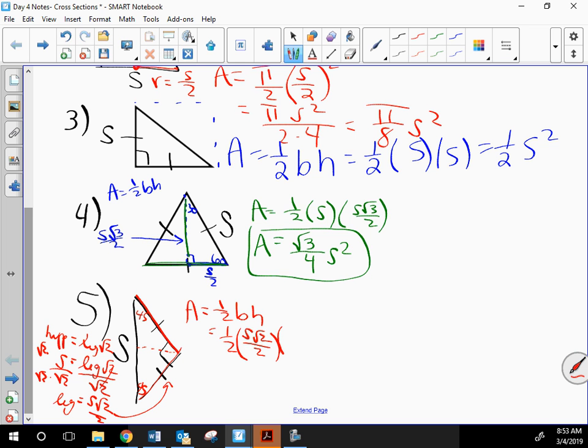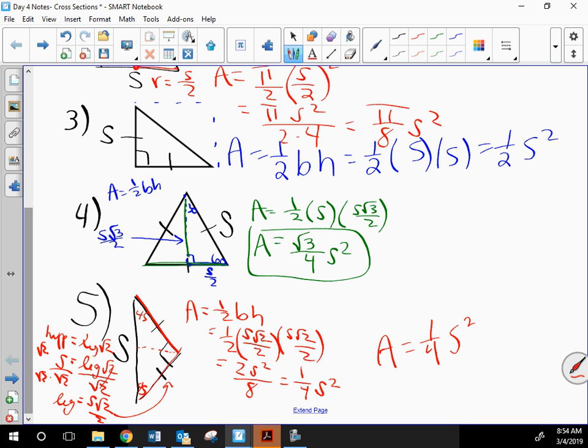My height is also the same thing because it's isosceles, s root 2 over 2. So we have s squared, we get a 2 on top and 8 in the bottom. So did you guys get 1/4 s squared? Did you actually get that? All right, so our area for this one was 1/4 s squared.